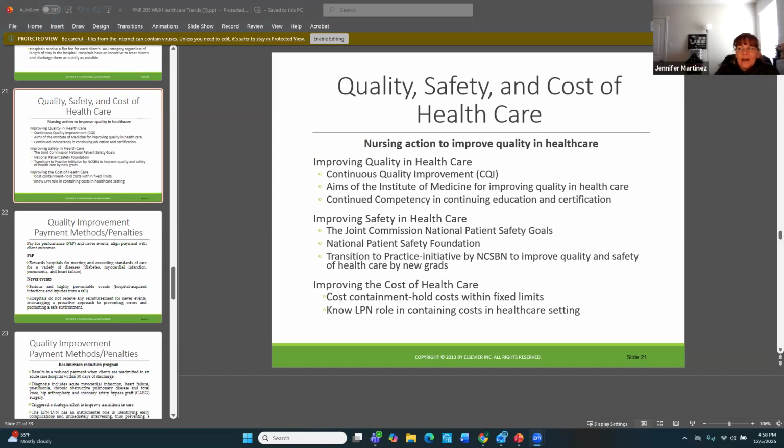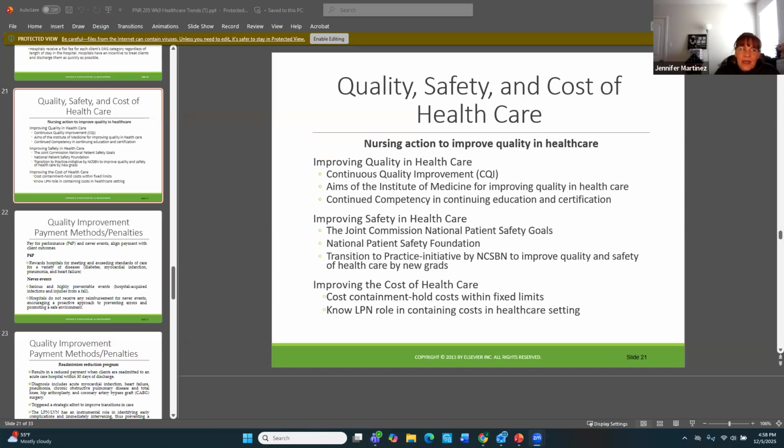It's a nonprofit organization. It serves to advise on ways to improve our nation's health, performing research and all that wonderful stuff.